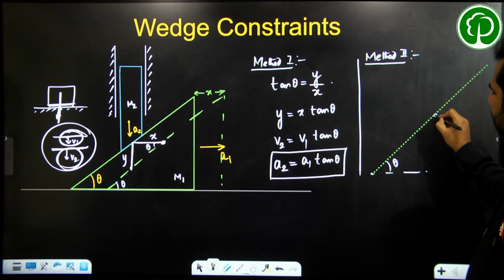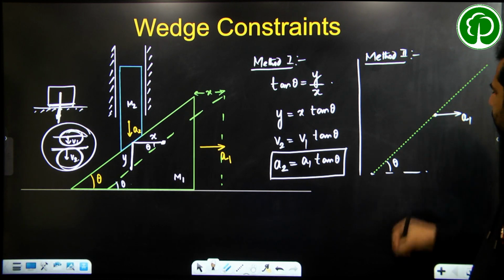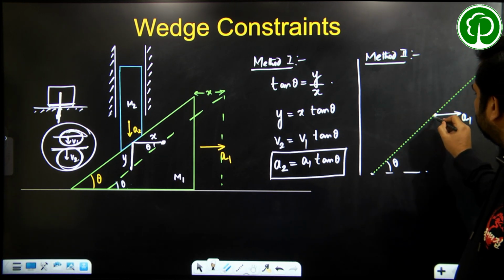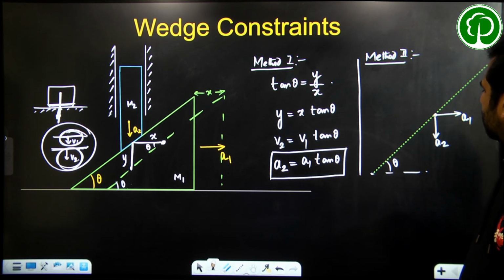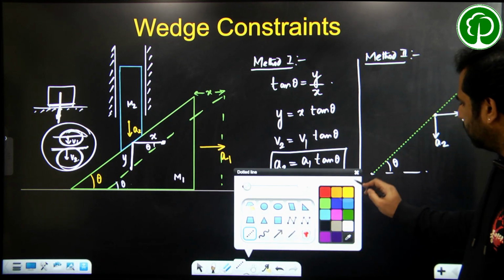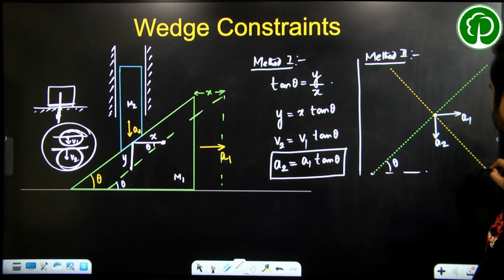Now this wedge surface is accelerating towards the right with A1, and the other surface is accelerating down with A2. Now the normal to the surfaces in contact is this. I am representing it with a yellow dashed line like this.